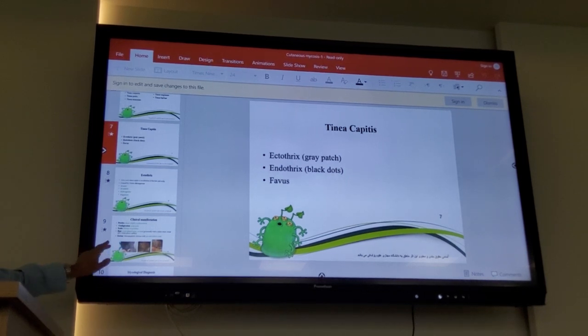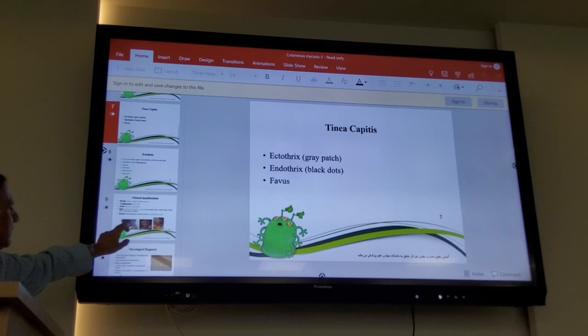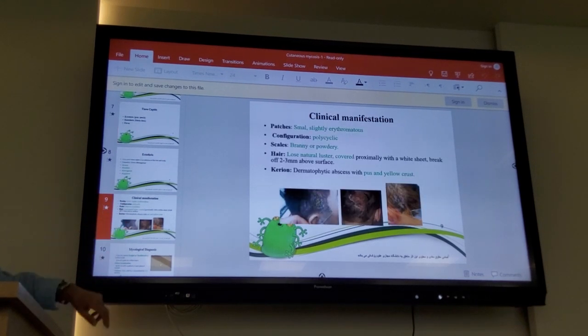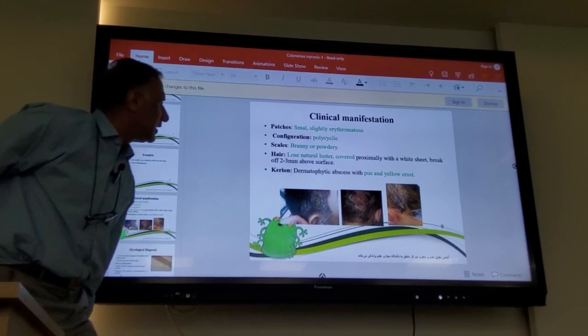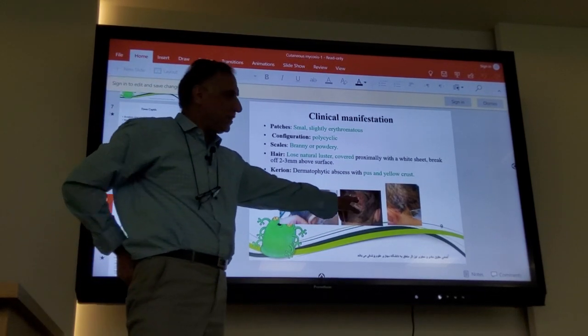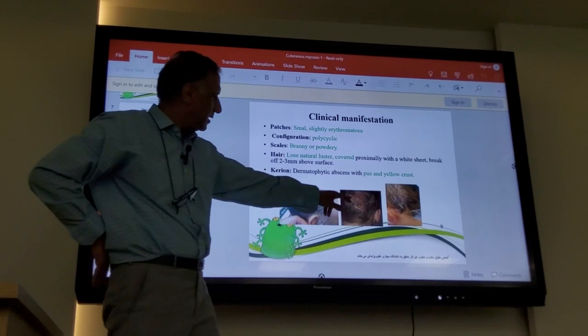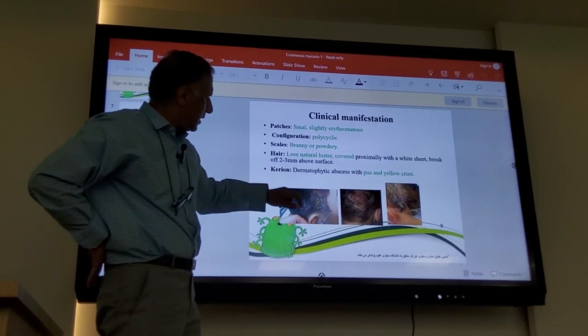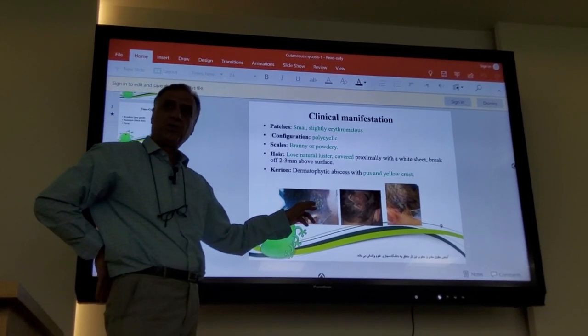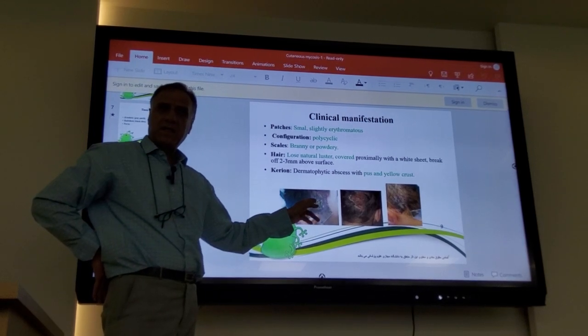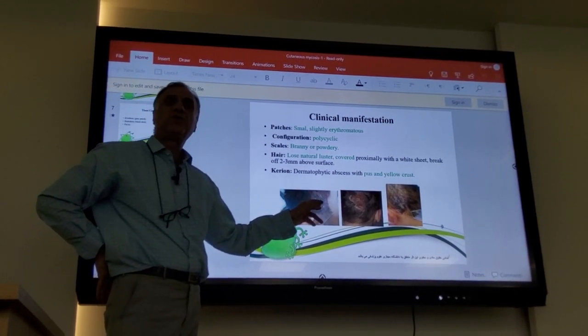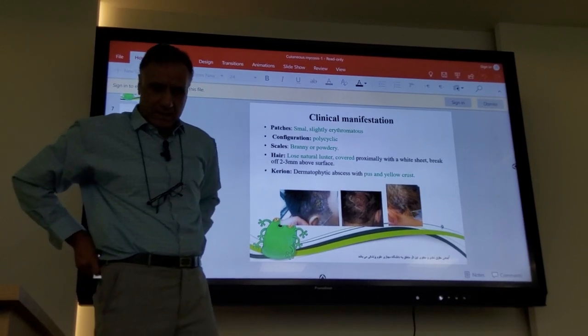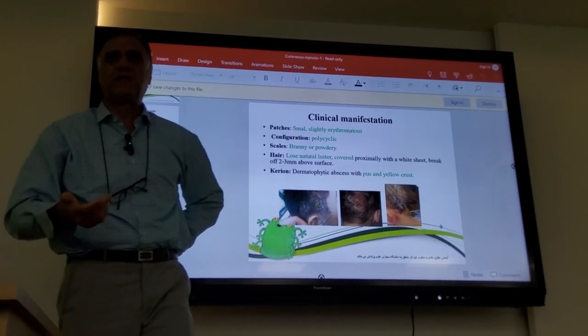We see some pictures about tinea capitis. You see alopecia in this picture. You can see some pus, based on the source of dermatophyte and type of dermatophyte.